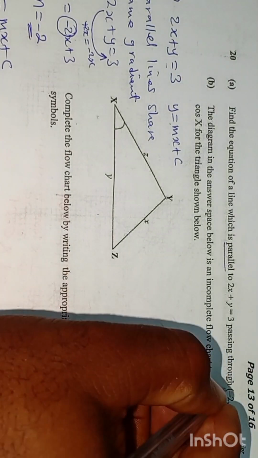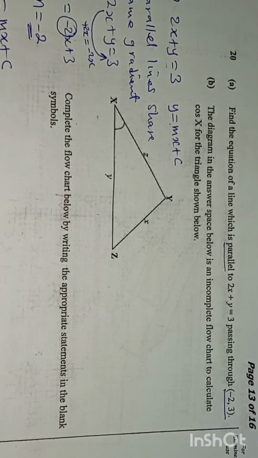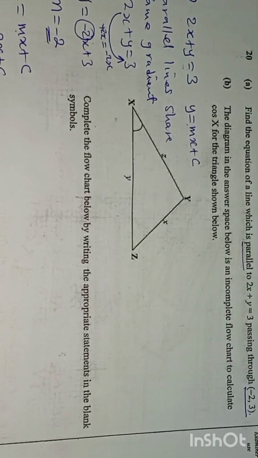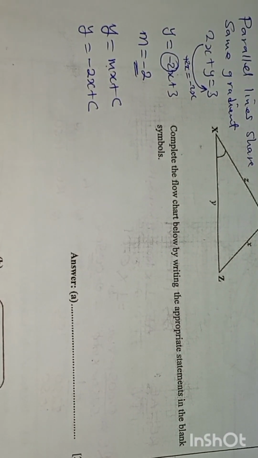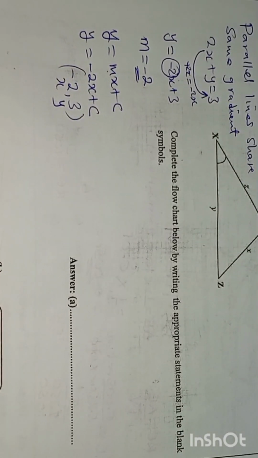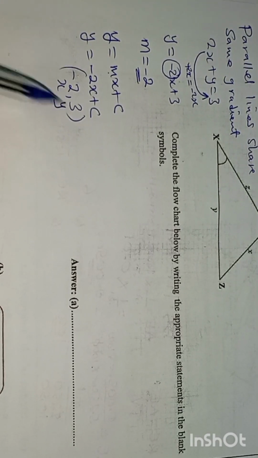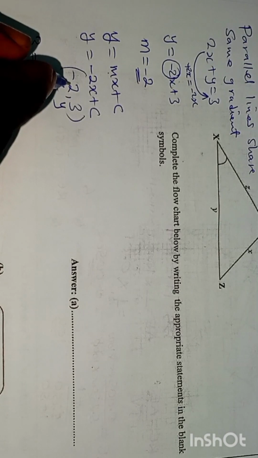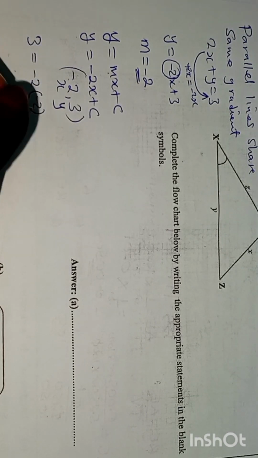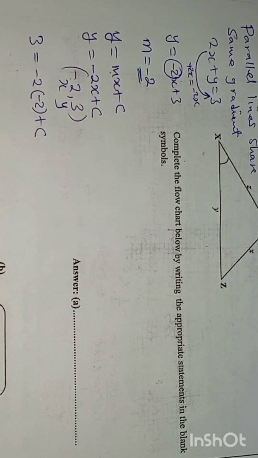We have been given a coordinate, negative 2, 3, and it will help us to find the y-intercept. So this is x, this is y. Where there is y, we substitute 3. Where there is x, we substitute negative 2, plus c.